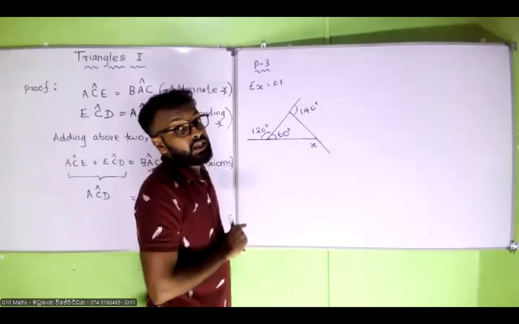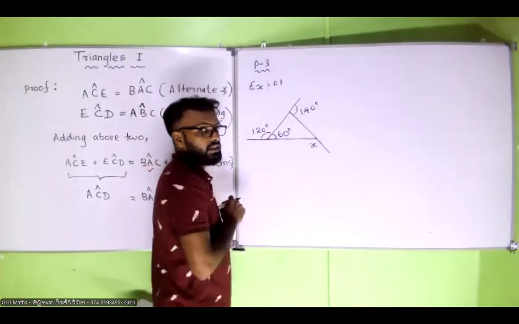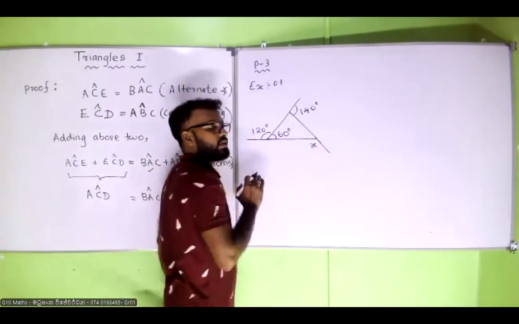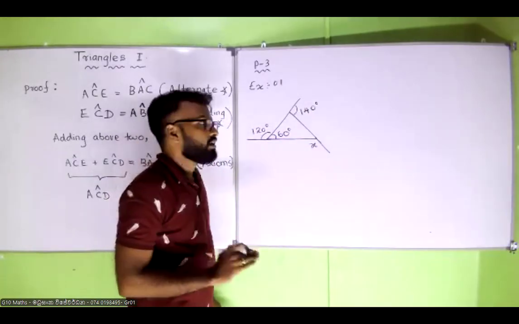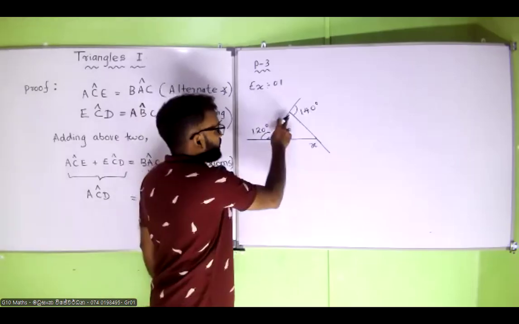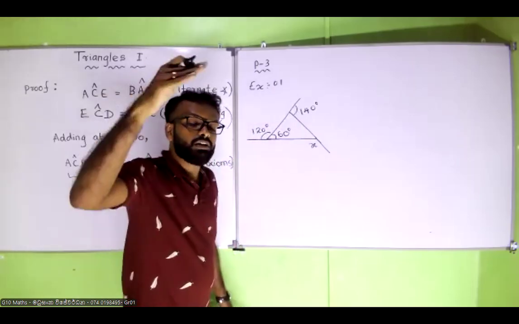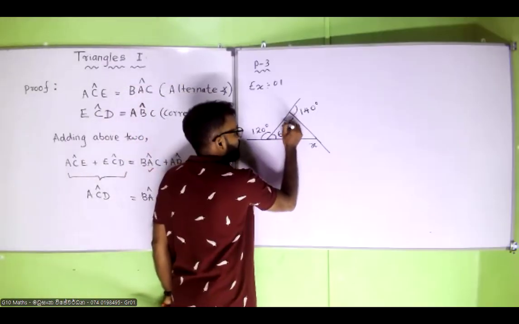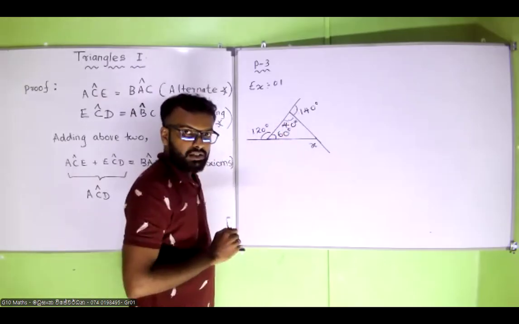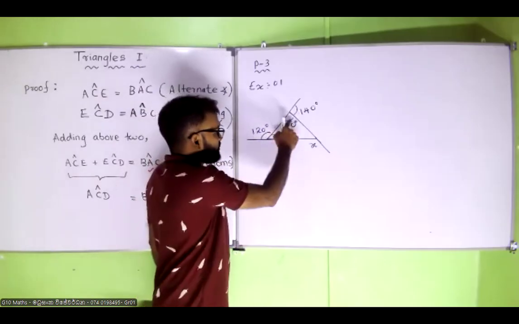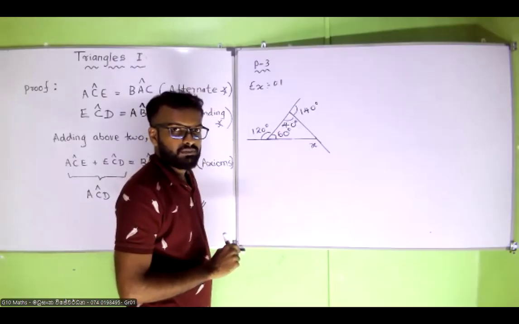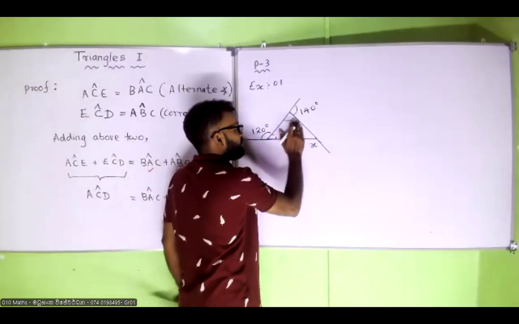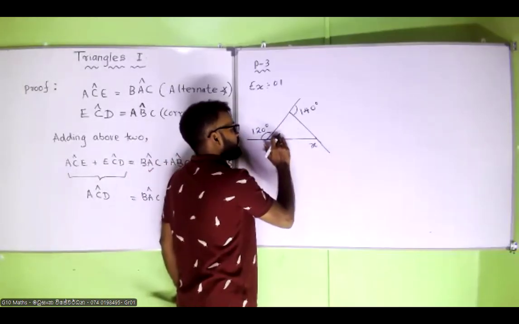And if we use the same theorem, because these are adjacent angles on a straight line, this is 140, and if you add these two angles together, the summation will be equal to 180. So this should be 40. 60 plus 40 is equal to x. So that is the way it is.